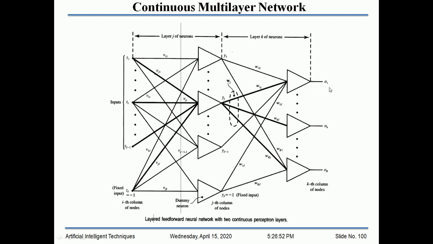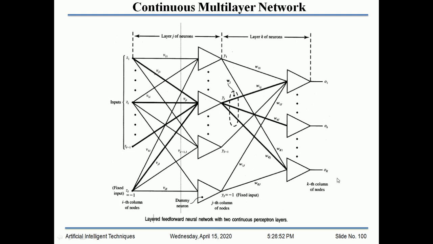So I can find out what O1 is. So here I am presenting the inputs and calculating the output in a forward direction. This is what is called the forward pass, which you usually observe in the training of the neural network, calculating the output in a forward direction.